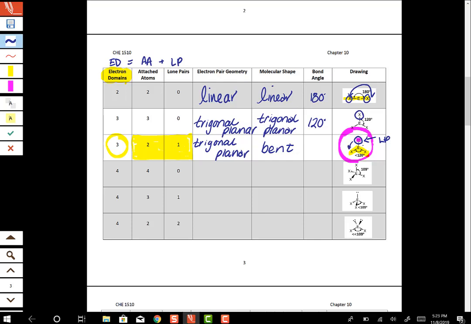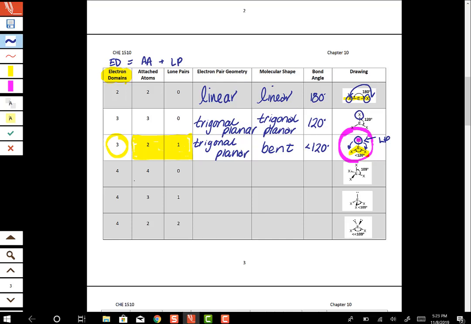And because that lone pair takes up more space, it pushes those bonds between the E and the X closer, so you end up with a bond angle that's a little bit less than 120. There are specific bond angles that you could memorize if you wanted to, but you don't have to. All you have to do is say less than 120, or if you really want to, you can call it about 117. So let's keep going.